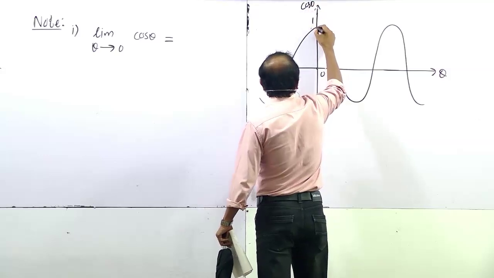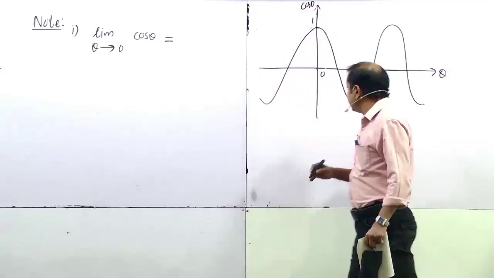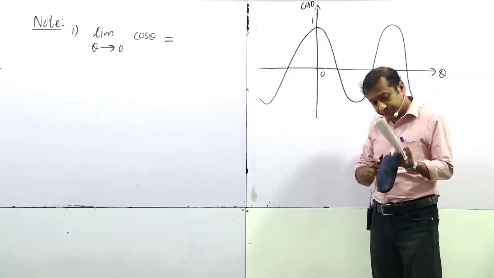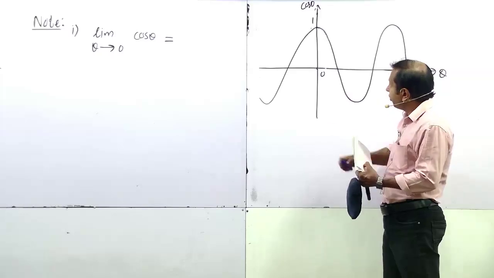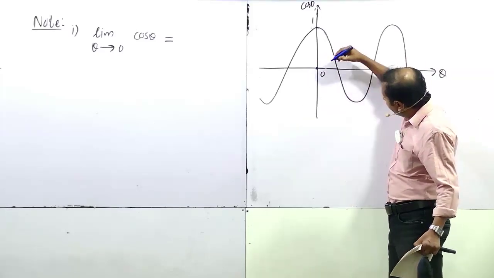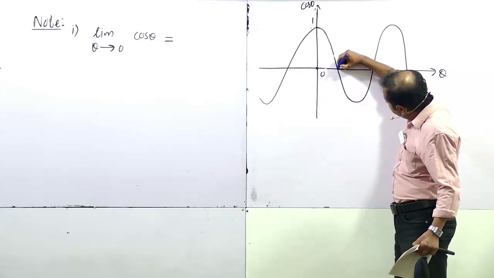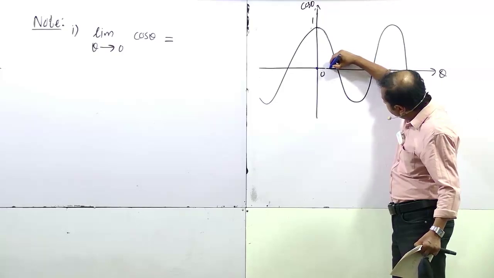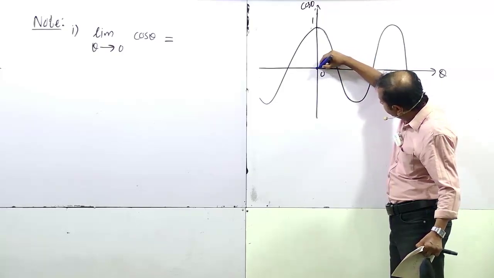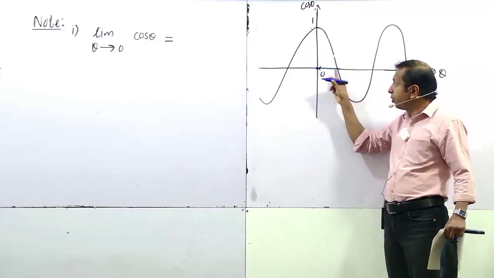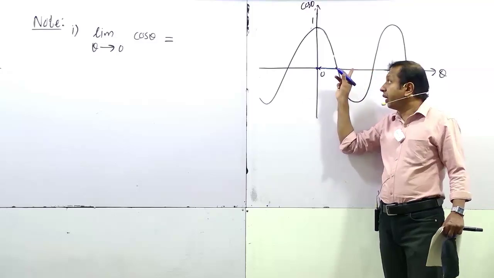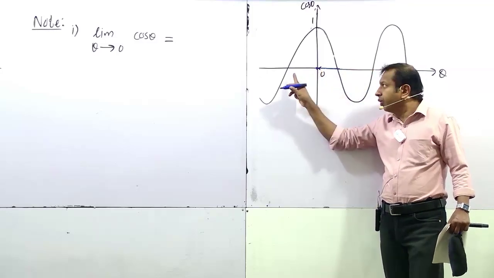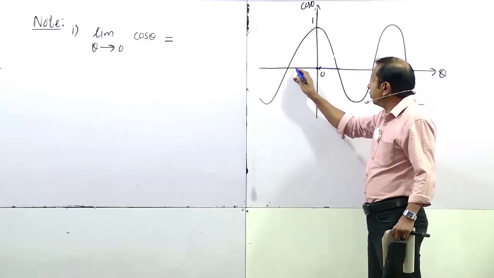Now, this is the theta axis. You can see angle 0 is exactly here. When we come along this angle axis to this point, this theta is coming to 0, no? The angle axis is the theta axis, no? Theta angle coming to 0. This way also we can come to 0.